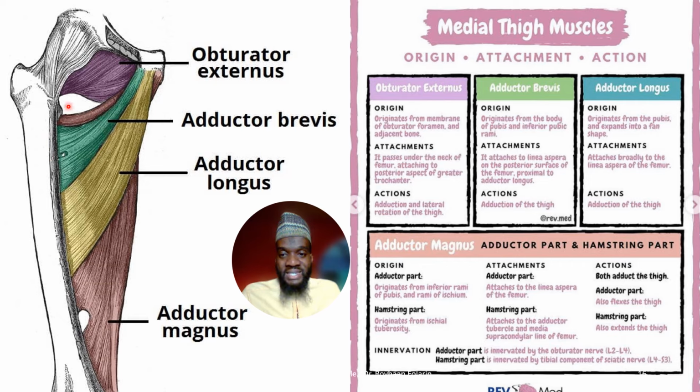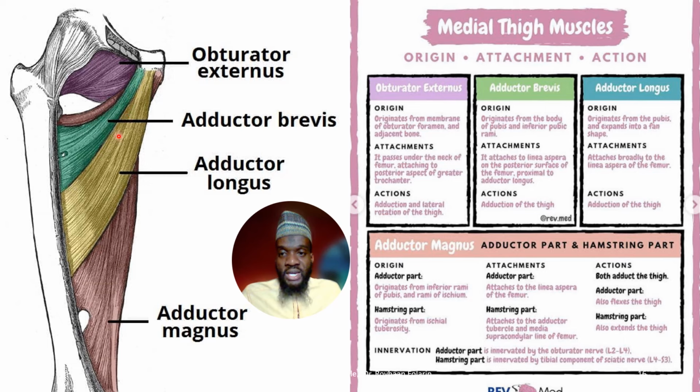So it attaches to the linea aspera on the posterior surface of the femur, right? And then, of course, it contributes towards adduction of the thigh. So it's an adductor muscle, essentially. That's its primary role. It's called adductor brevis because it's shorter than the ones referred to as the longus, as you can see here, and then adductor magnus.